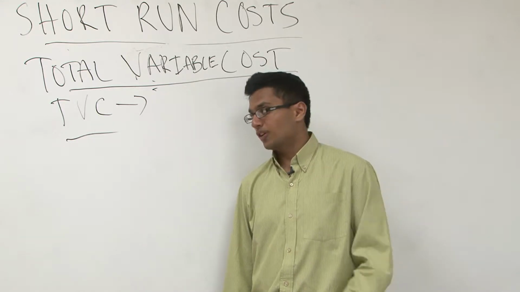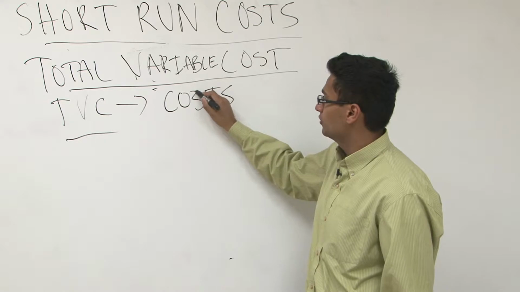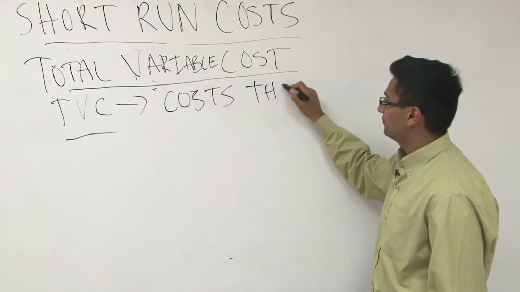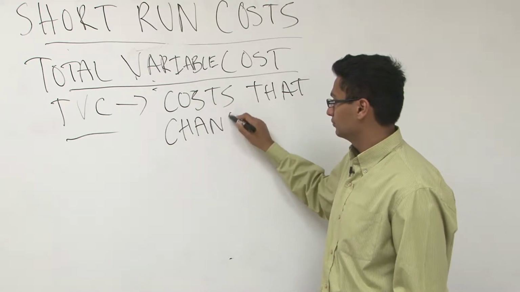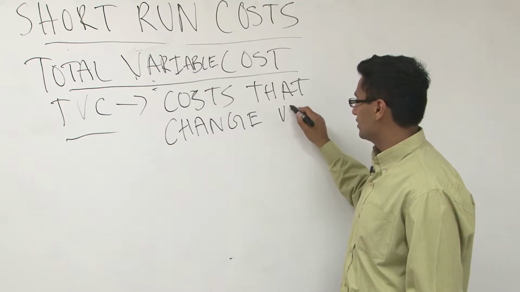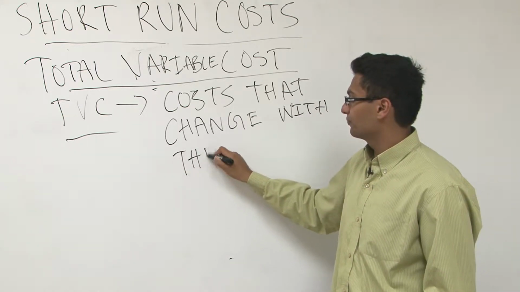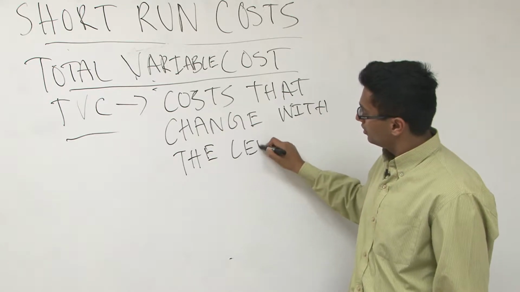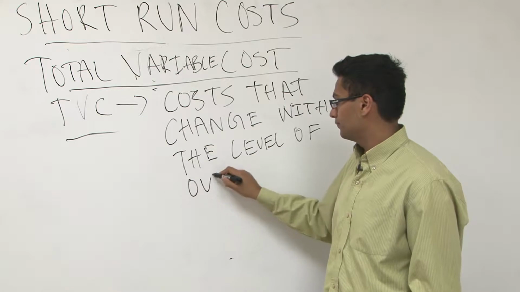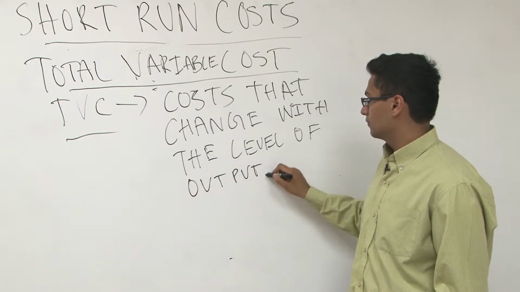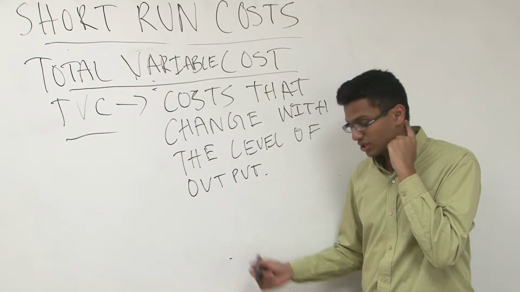Total variable costs are, again, pretty intuitive, guys, costs that change with the level of output. So that's TVC. TVC is basically the costs that change with the level of output.